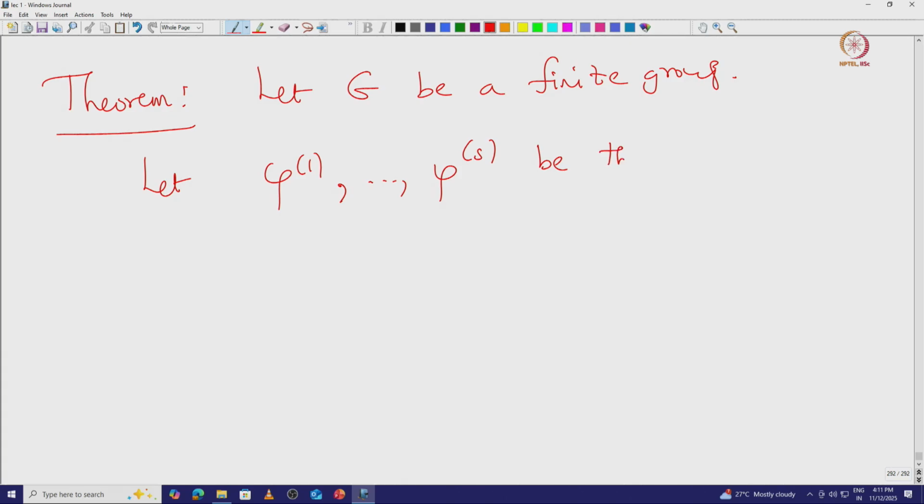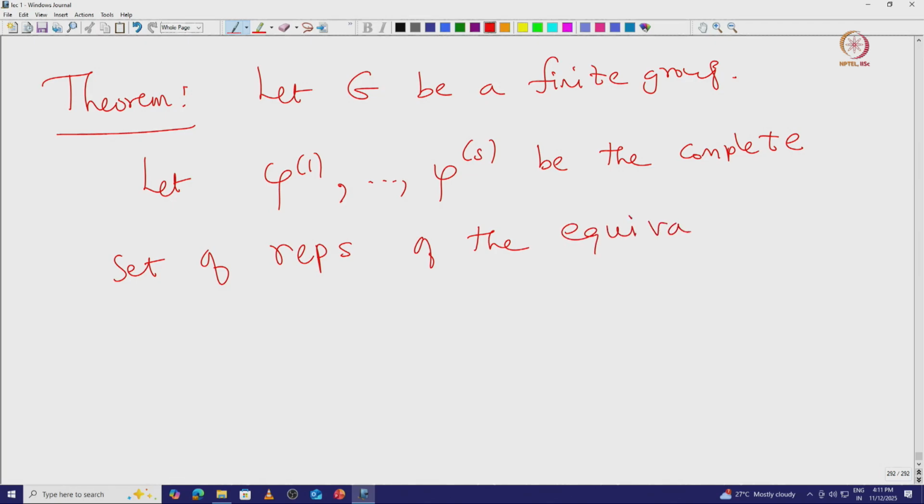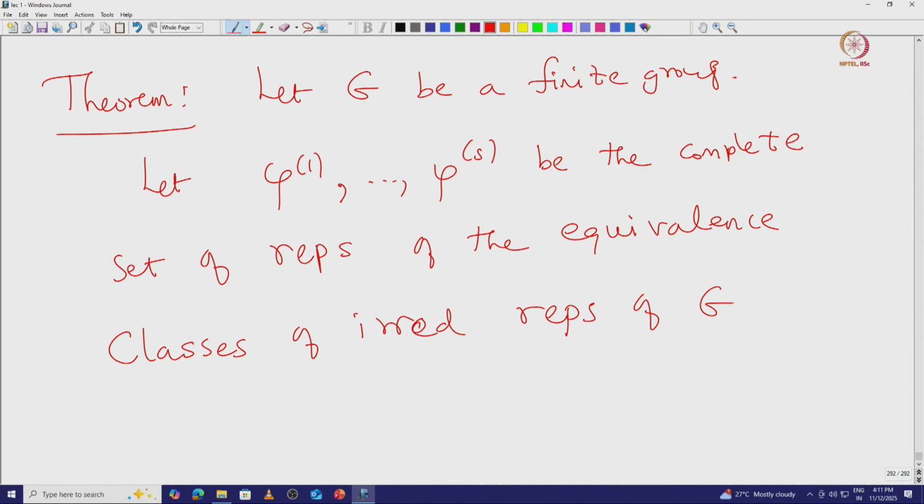This is the complete set of representatives of the equivalence classes of irreducible representations. And we denote by d_i the degree of these representations.